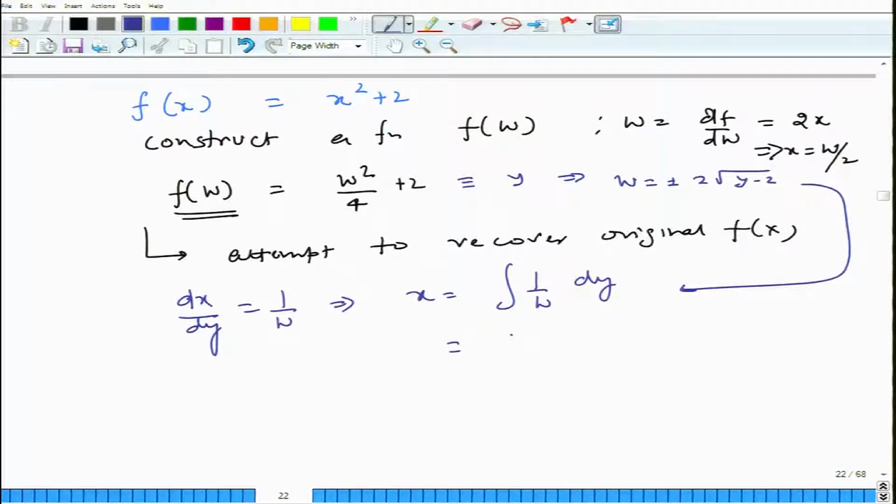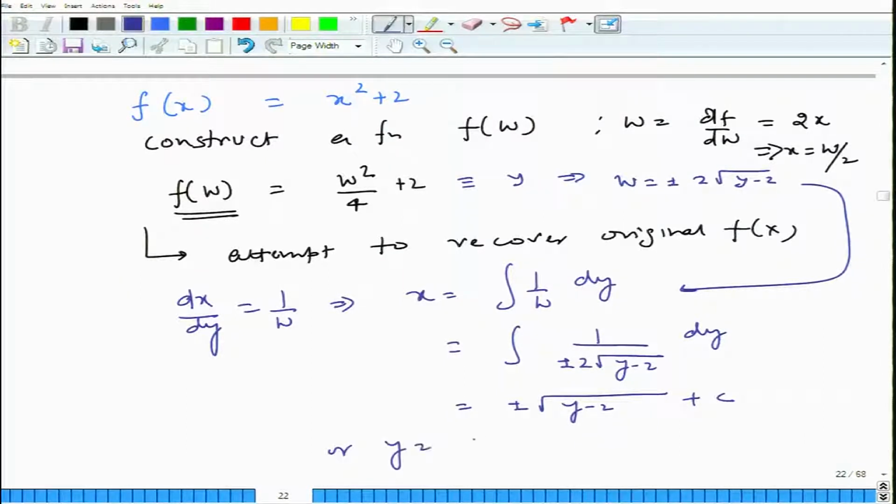We plug in here, we get, okay, this is equivalent to saying y minus 2 plus c, or in other words y is x minus c squared plus 2. So this unknown integral constant is introduced here.